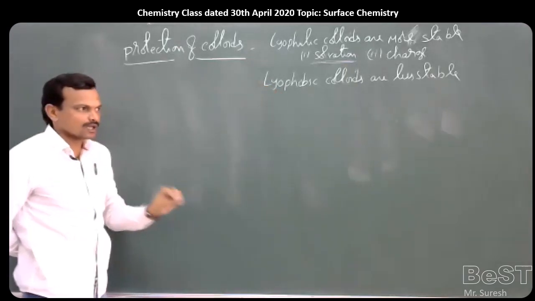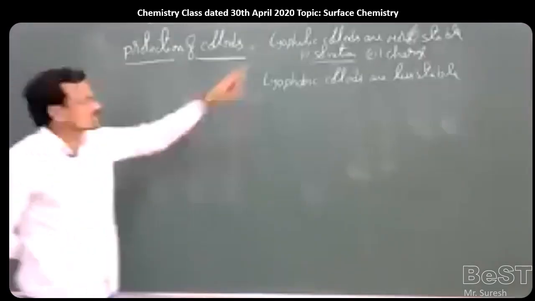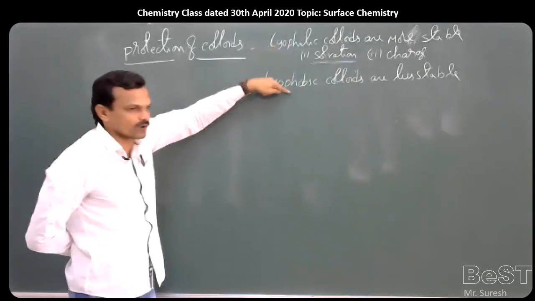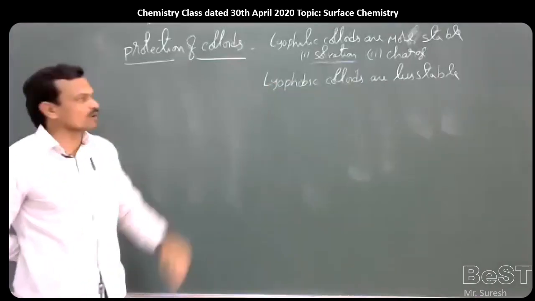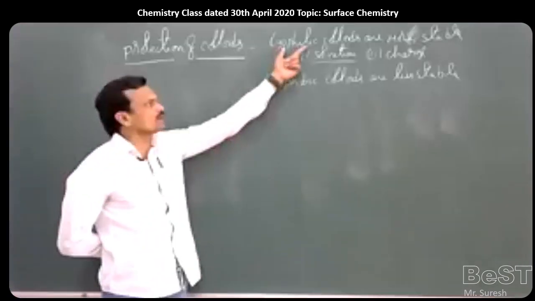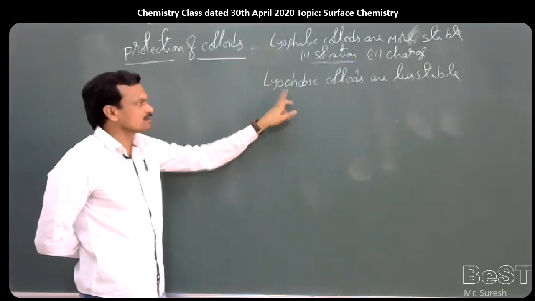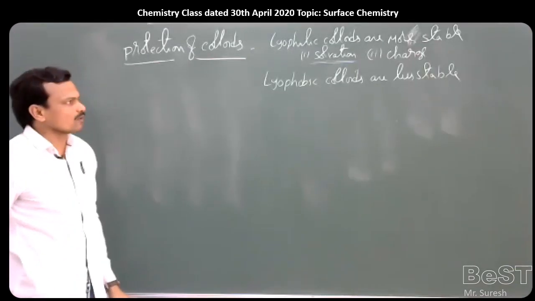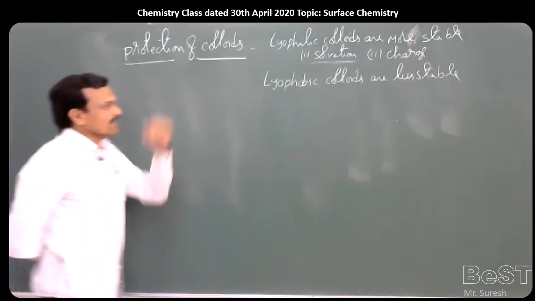That means if we add a small amount of lyophilic colloid to a lyophobic colloid, we can keep the lyophobic colloid stable. So addition of a small amount of lyophilic colloid can stabilize lyophobic colloids. One simple example, if you take milk.